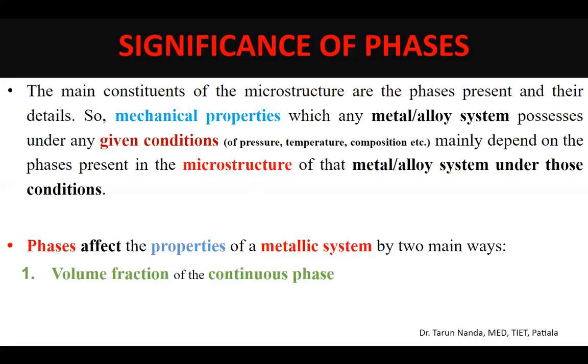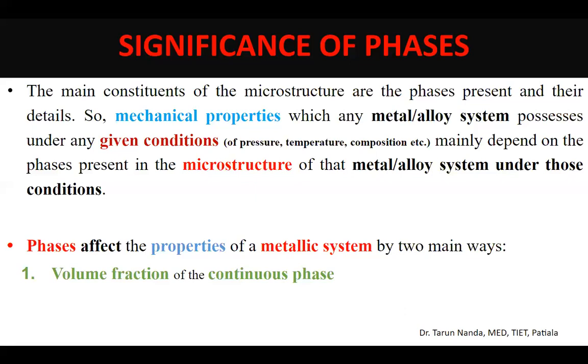So in any metal or alloy system, you'll find there is some specific phase which has occupied maximum volume fraction in the microstructure. This phase forms the background of the microstructure. This phase is continuously present everywhere in the microstructure of the material. So this phase is called the primary phase, the continuous phase, or the background phase.